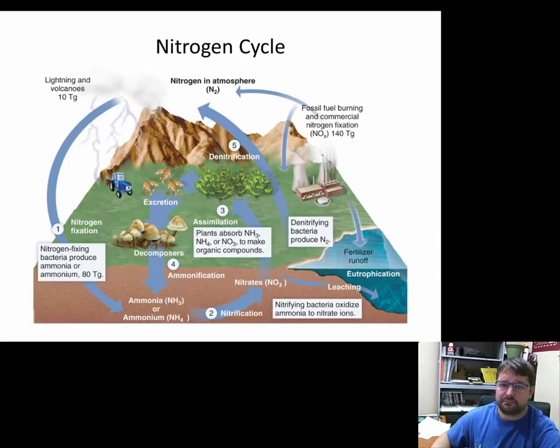So here you can see we can cause fertilizer runoff by fertilizing farms, by having cattle next to waterways and things like that. You can increase the amount of nitrogen in a waterway, and lots of people have probably seen pictures of this. You look at lake homes.